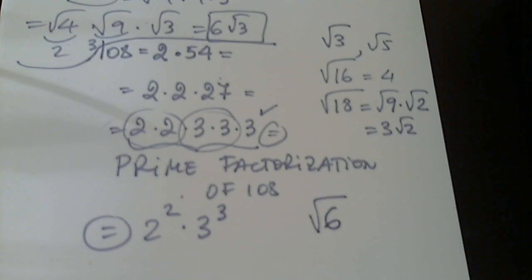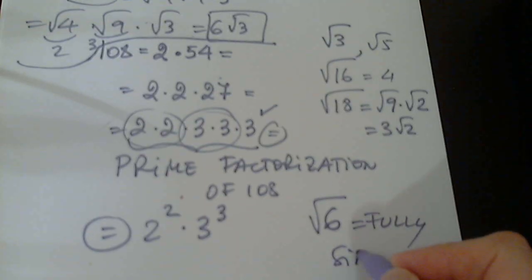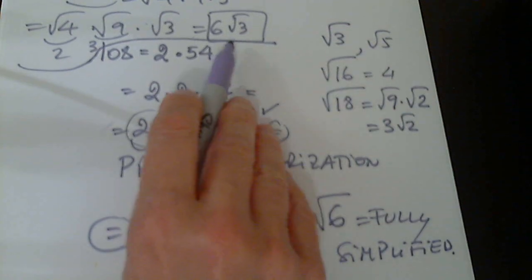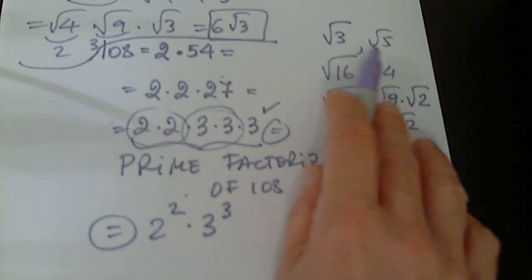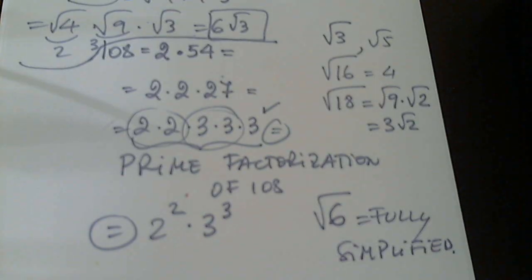The square root of 6 is not a prime number, 6 is not a prime number, but this is fully simplified. It happened that in the examples I just gave you, we got a prime number. But that is a trap. It doesn't always happen.